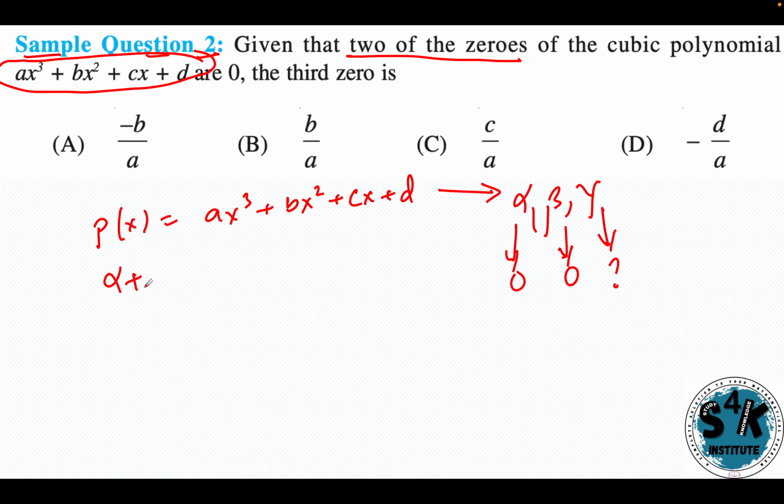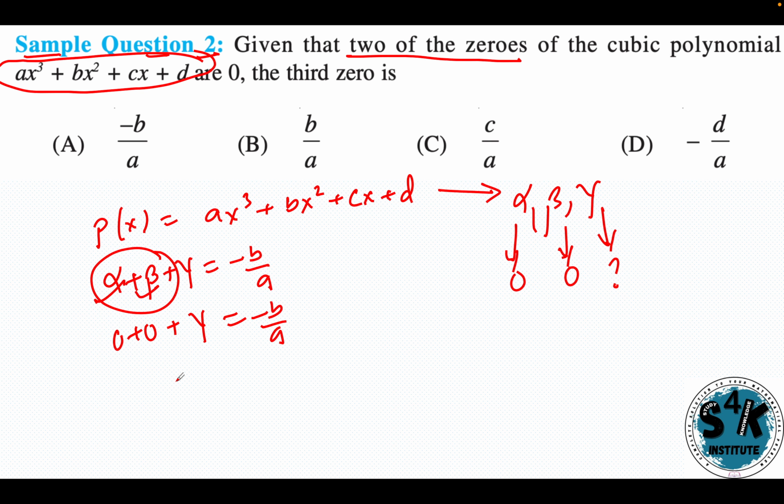Alpha plus beta plus gamma is equal to minus b by a. Two of the zeros are already 0, so 0 plus 0 plus gamma is equal to minus b by a. So gamma is equal to minus b by a, so the third zero is minus b by a, that is option A.